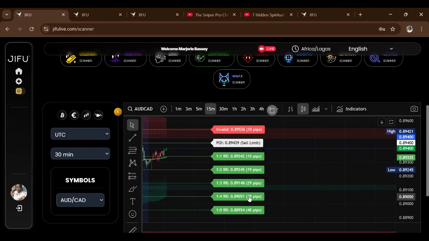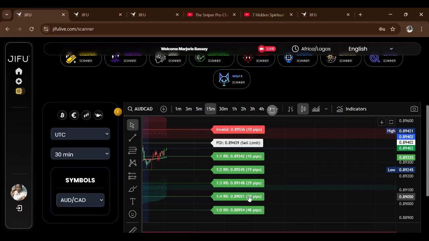So I put my price higher than the current market price, and then I put my stop loss at 0.89300.